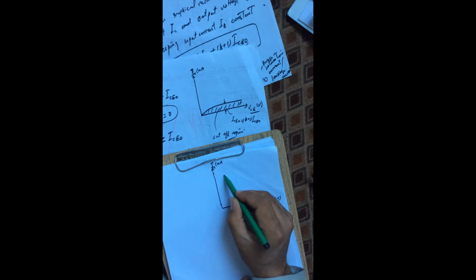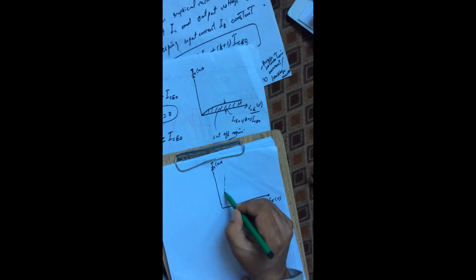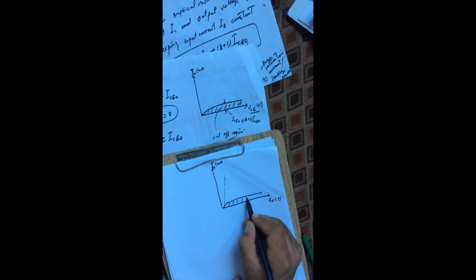Now here I have a situation like this. This is the saturation current, or the reverse saturation or leakage current, and this region is called the active region.